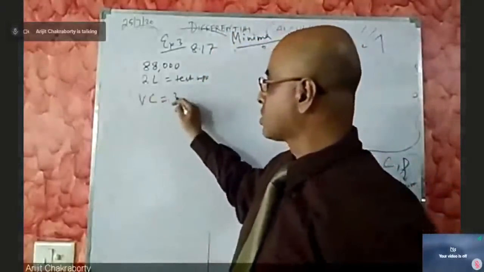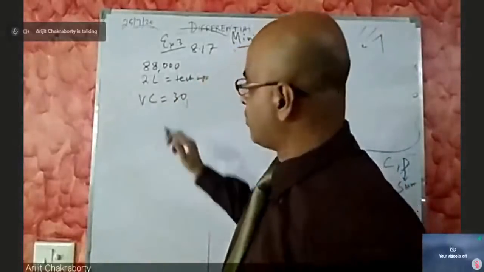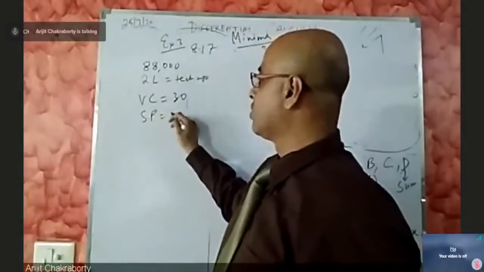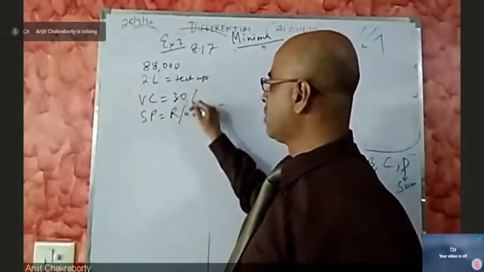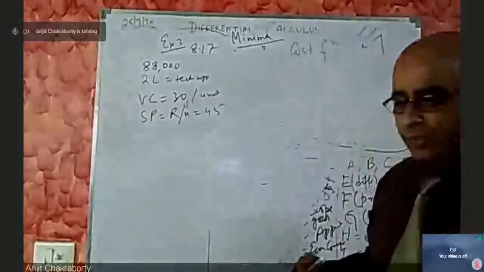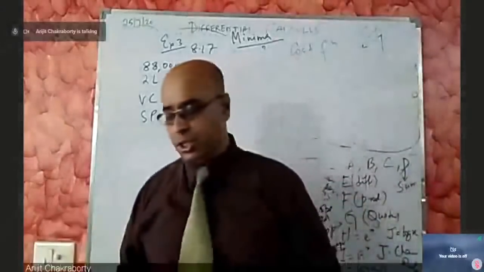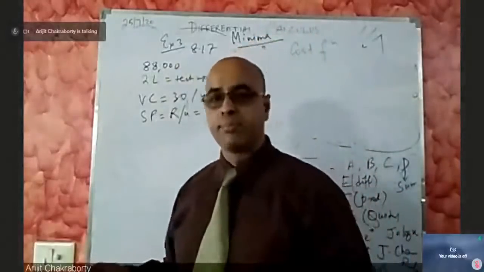So the variable cost is 30, while each floppy could be sold at 45 rupees. So the sale price or the revenue per unit is 45. We have to find out the total cost function for producing X number of floppies and the break-even point.